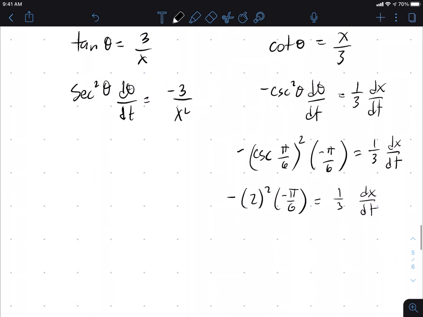Right? So that's going to give me a negative, and a negative is going to give me a positive. I'm going to multiply by 3. So that's going to go away, and I'm going to end up with 2 pi is my dx dt.